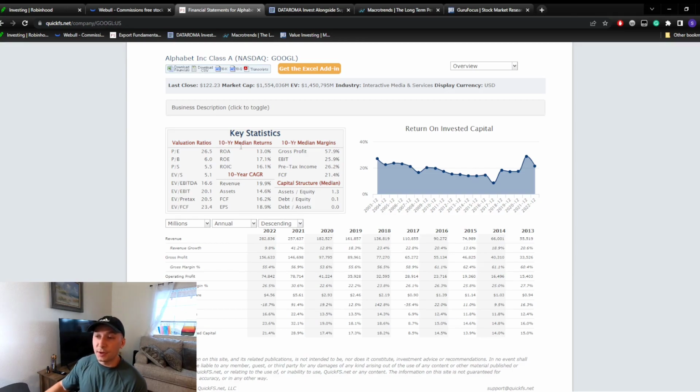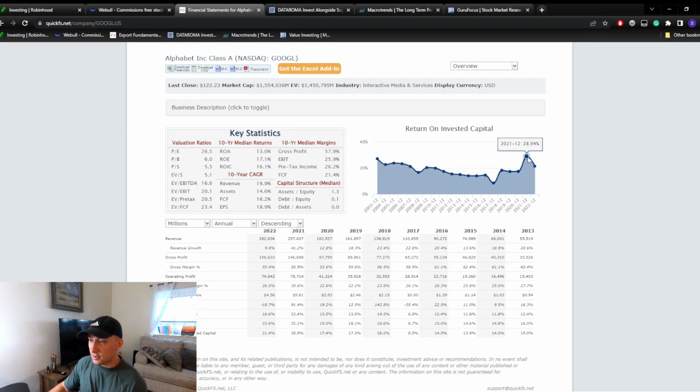Usually, it's when a company has high return on invested capital, ROIC, which basically means every single dollar that they put back into their company, that's the percentage that they're getting back per year, which anything over 10% is generally very good. And as you can see here, Google's 10-year median is 16.1%.